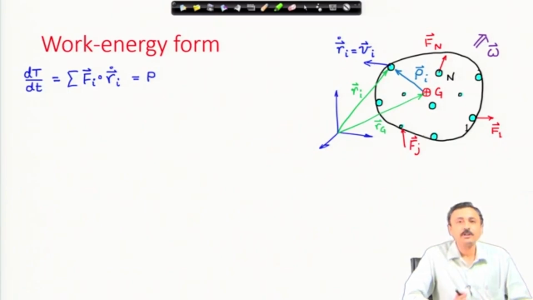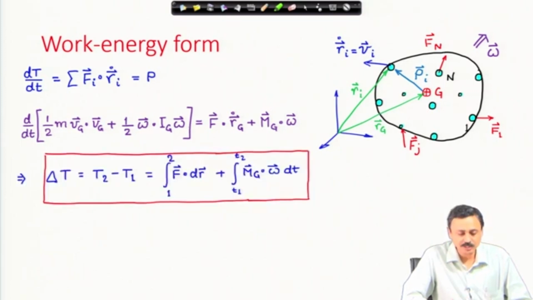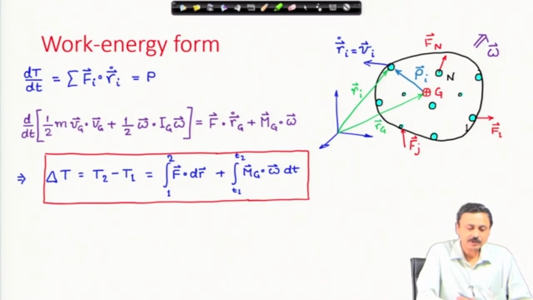and our work energy relation turns out to be rate of change of kinetic energy is equal to the power. And when I do these substitutions, I get this as my final expression. Therefore, if I integrate over time, on the left I will get the change in kinetic energy.